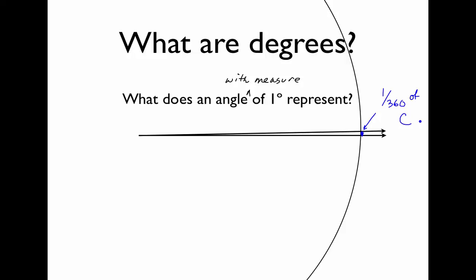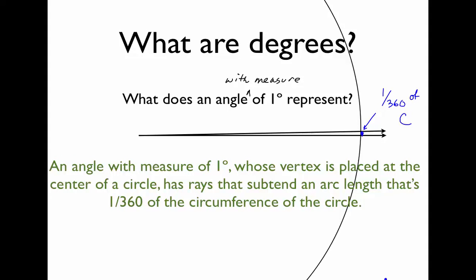Okay, so an angle with a measure of 1 degree has rays that cut off 1/360th of the circumference of the circle. All right, and so here's a good definition. An angle with measure of 1 degree, whose vertex is placed at the center of a circle, has rays that subtend, and here's this word that you're going to see a lot, an arc length that's 1/360th of the circumference.